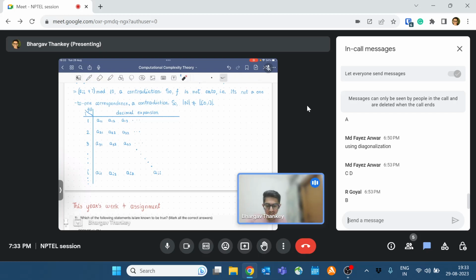So over here I've written the numbers i, and these are f(i), but in their decimal expansion.